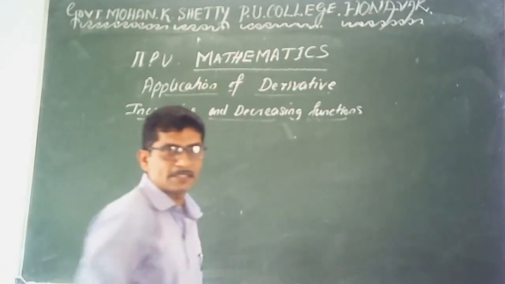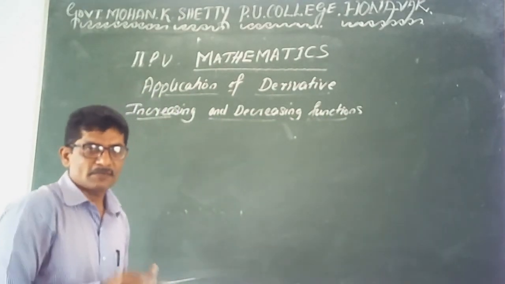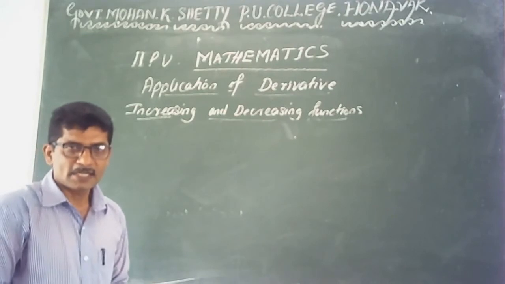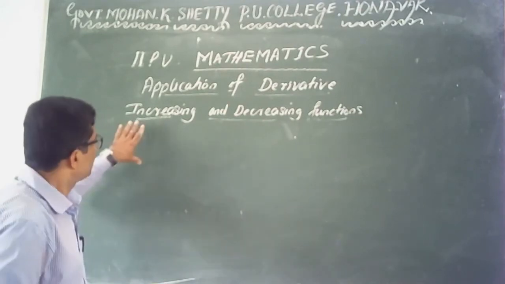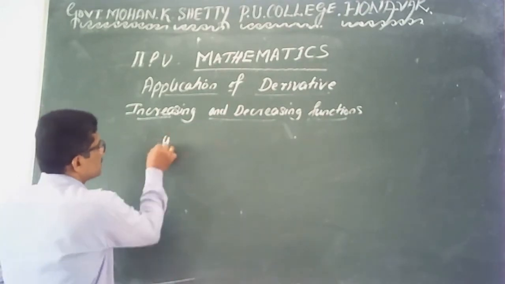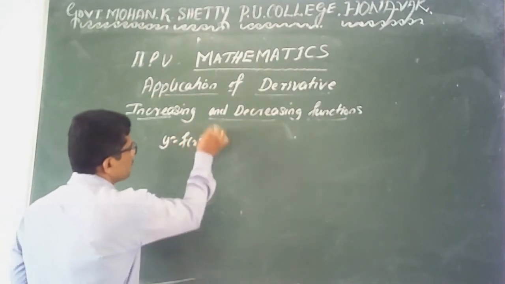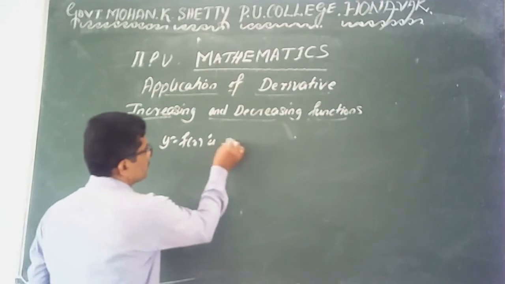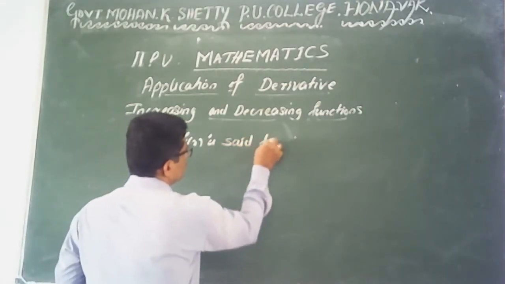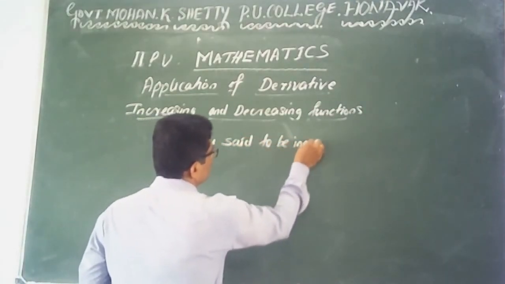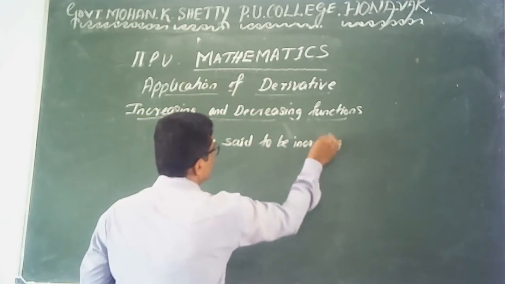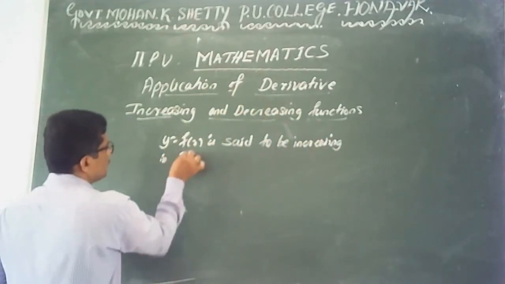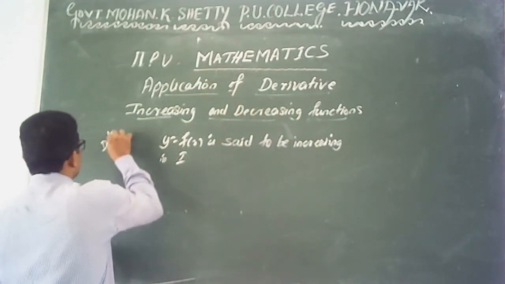It's clear? Verify the function is increasing and the function is decreasing. Here the definitions: y is equal to f of x is said to be an increasing function in the interval I. So that is the definition.